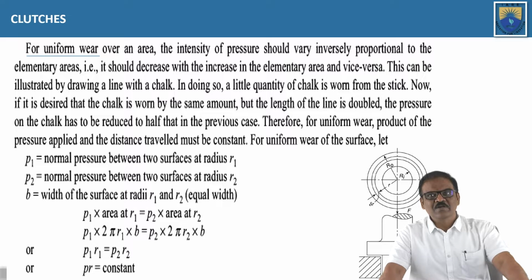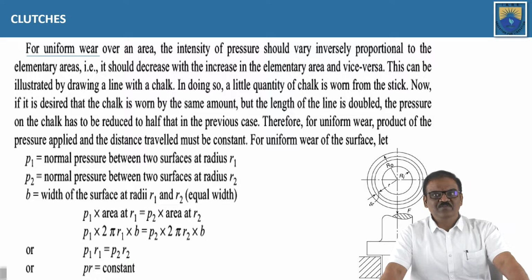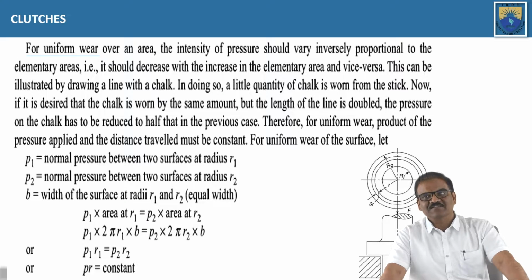In doing so, a little quantity of chalk is worn from the stick. Now, if it is desired that the chalk is worn by the same amount, but the length of the line is doubled, the pressure on the chalk has to be reduced to half that in the previous case. Therefore, in case of uniform wear, the product of pressure applied and the distance traveled must be constant.